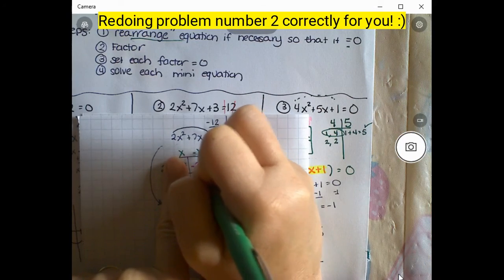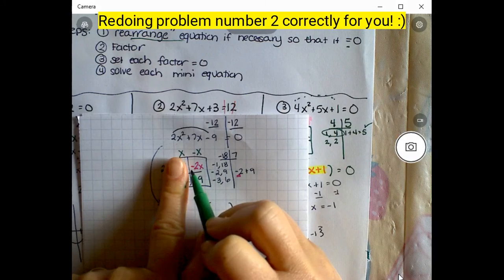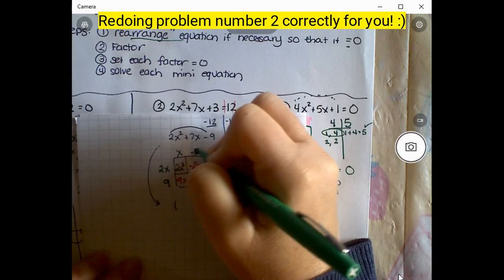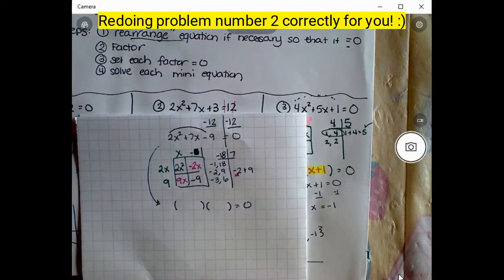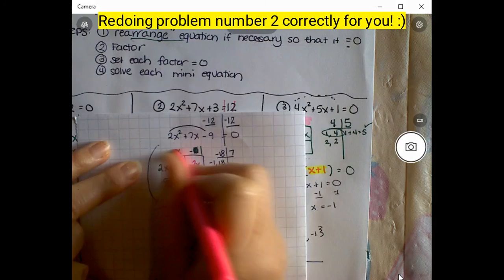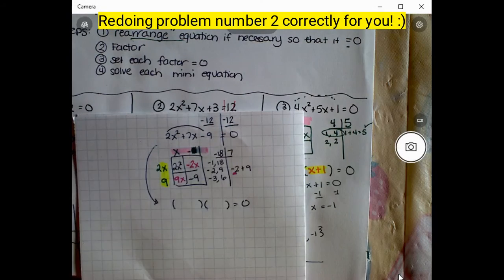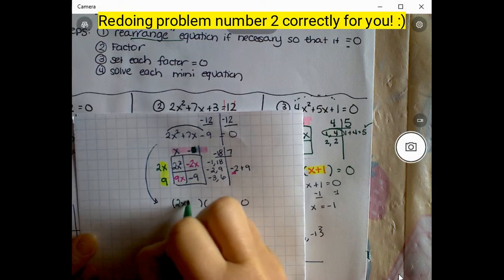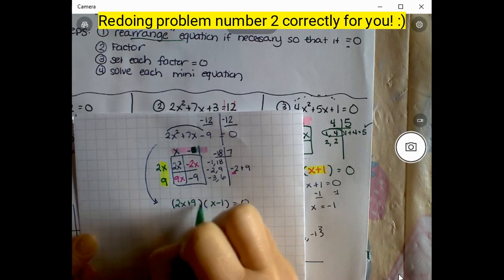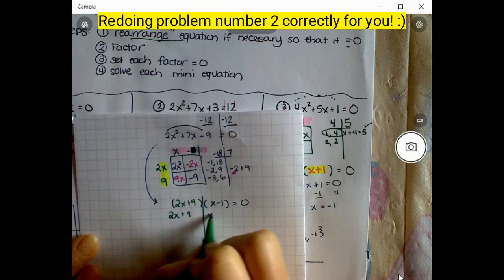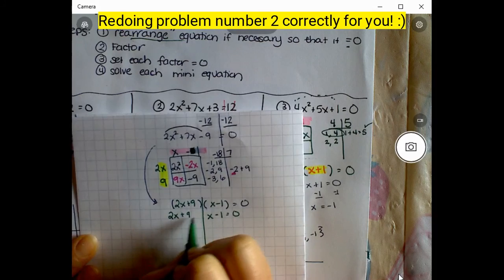Or no, negative x, because this is negative. So we make it negative. What am I doing? Okay, 1. There you go. All right, so we take our factors, x minus 1, 2x plus 9, and we put them in here. Draw our line and set each factor equal to 0. Solve.